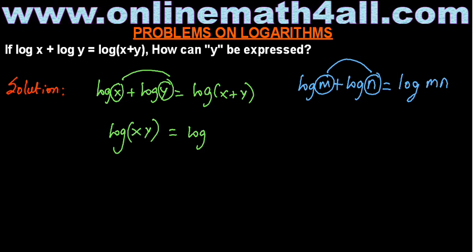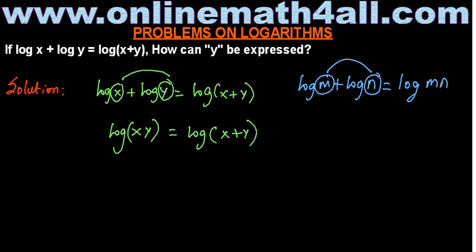The right side, log of x plus y, I just keep as it is. I hope the students can understand the first step. I have applied the fundamental law of logarithms on the left side, because there we have log x plus log y. If two logarithms are added, we take one logarithm and multiply the terms x and y.